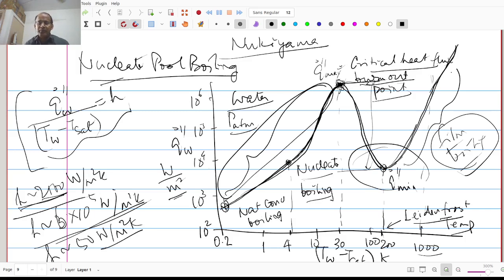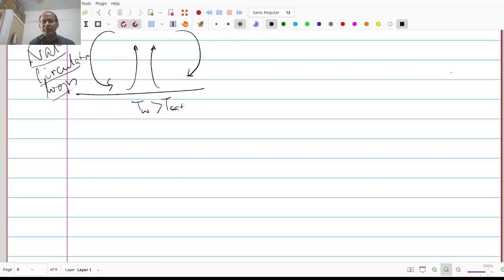So what Nukiyama did was to replace nichrome coils with platinum coils, a platinum heater, because platinum has a melting point which is more than 2000 degrees Celsius. So he thought that he would be able to get that nicely.